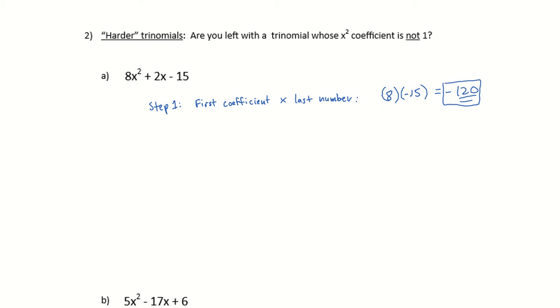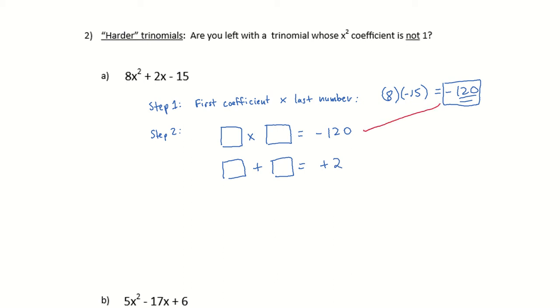All right, next, step 2 is we want to look for two numbers that multiply out to that number we just arrived at, that product, negative 120, and add up to the middle coefficient. The middle coefficient is 2. That's really the hard part of this process, determining those two numbers.